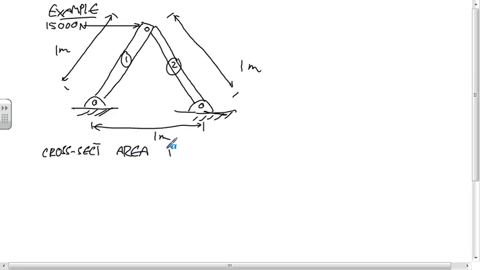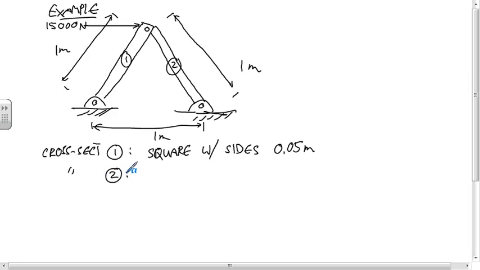The cross-section of member 1 is a square with side lengths of 0.05 meters, and the cross section of member 2 is a square with sides of 0.02 meters.